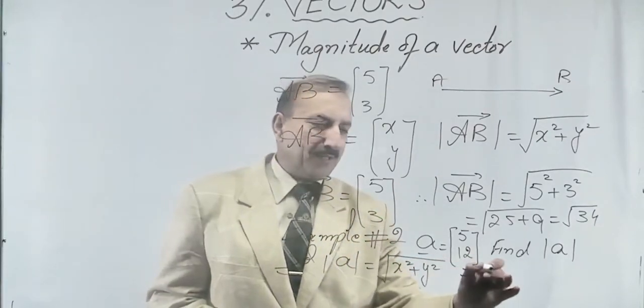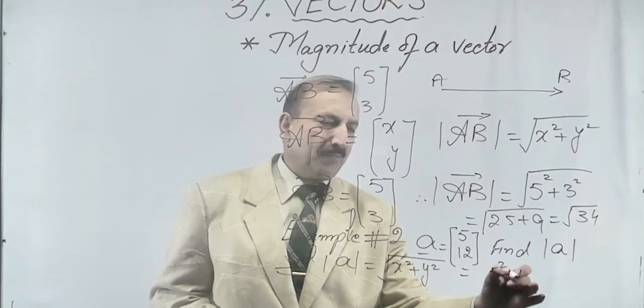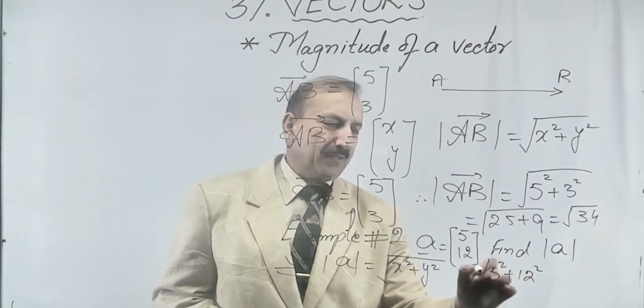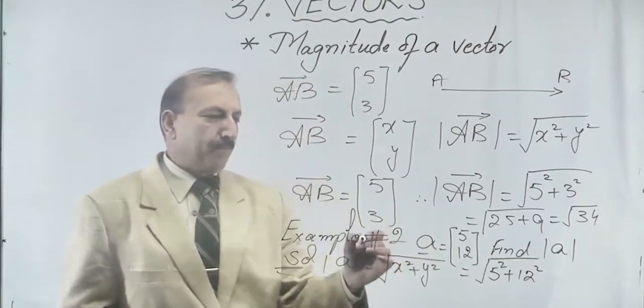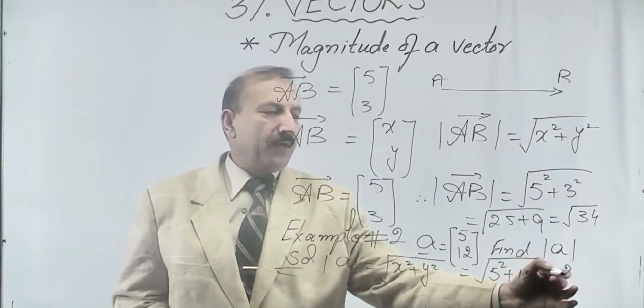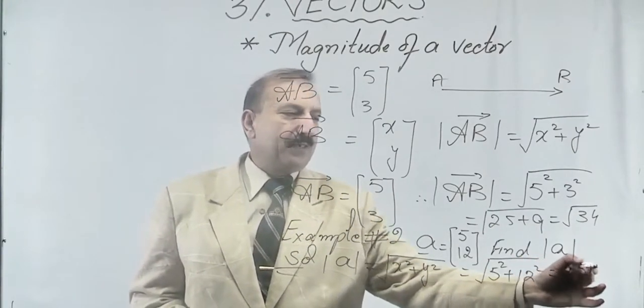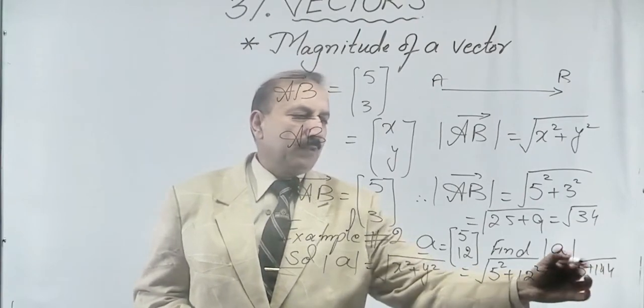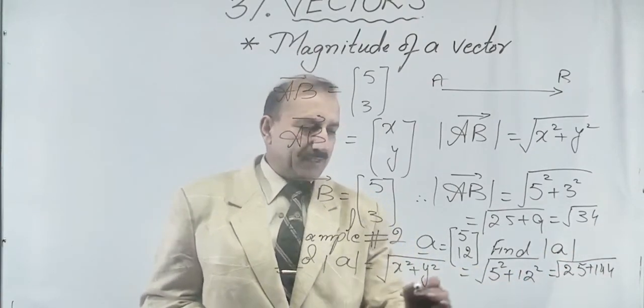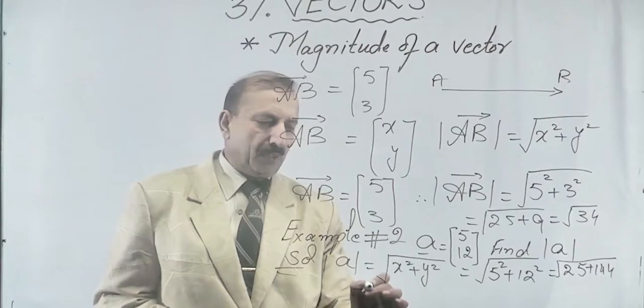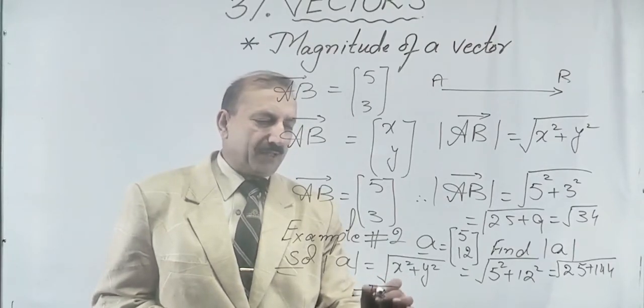Let's substitute their values: 5 square plus 12 square, under the square root. Now this will become the square root of 25 plus 144, and this is equal to the square root of 169.